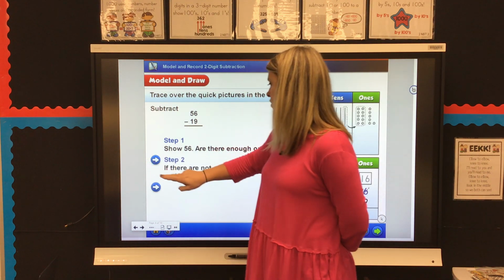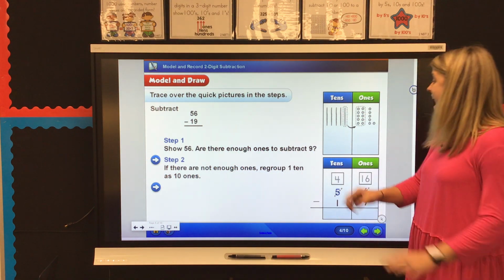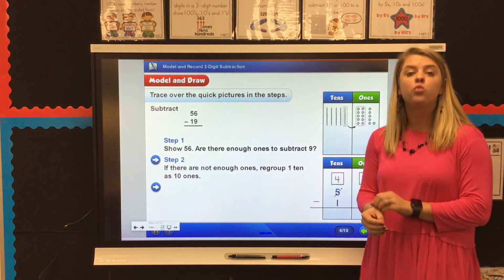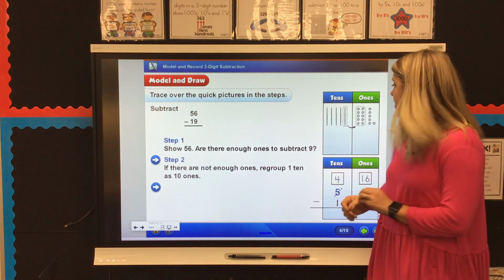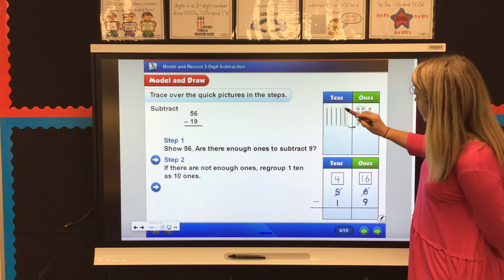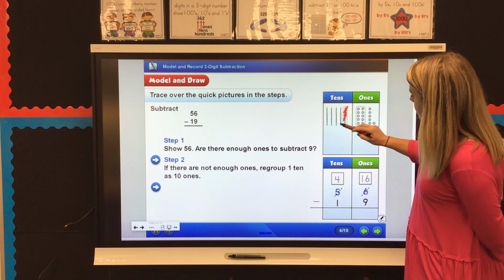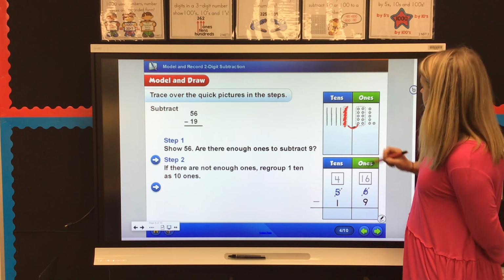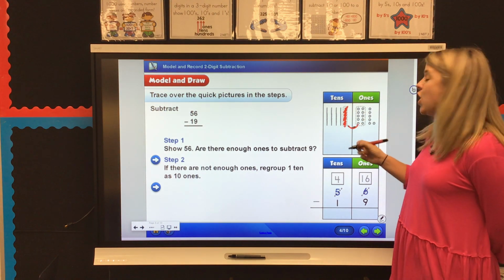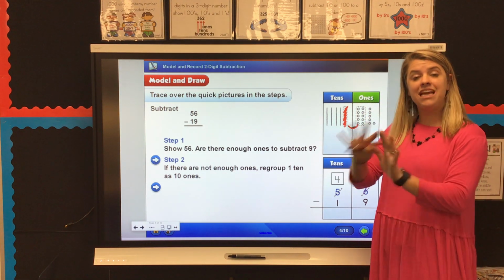Step 2. If there are not enough ones, we have to regroup, okay? Remember, yesterday we took away this 10 rod and moved it over here, and we drew 10 extra ones. So we're still showing the exact same number.